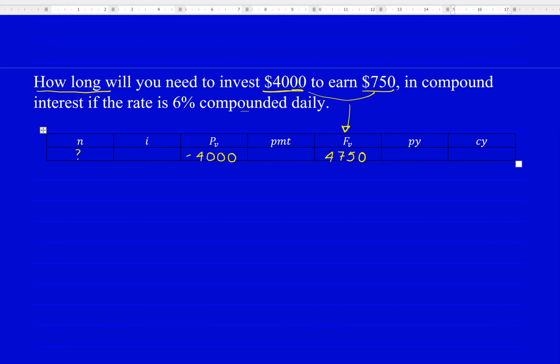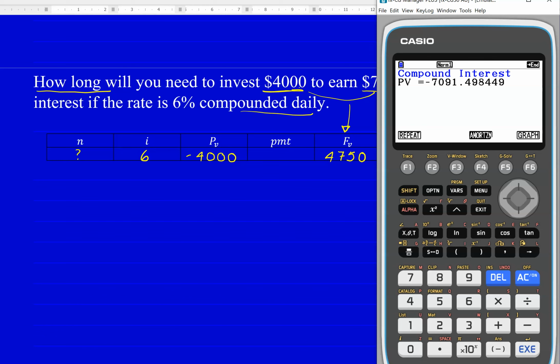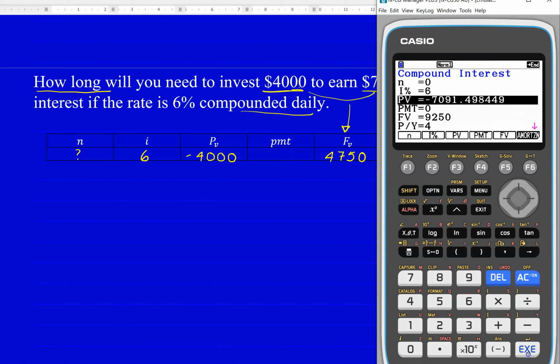All right, now it's compounding daily, so this is going to be 365. Okay, and your interest rate is 6. Let's see how we go. So press exit. N is 0, that's 6. PV, negative 4,000.